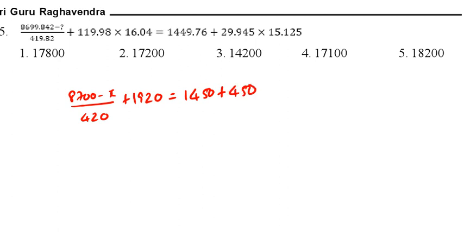Now, Bihar total appeared to total pass is 5 is to 3 and total passed is 9 lakhs. See here, in Bihar, appear to pass 5 is to 3.